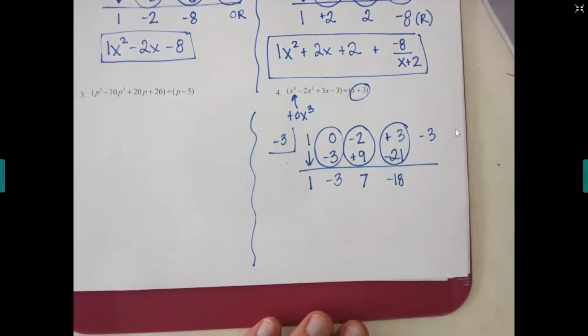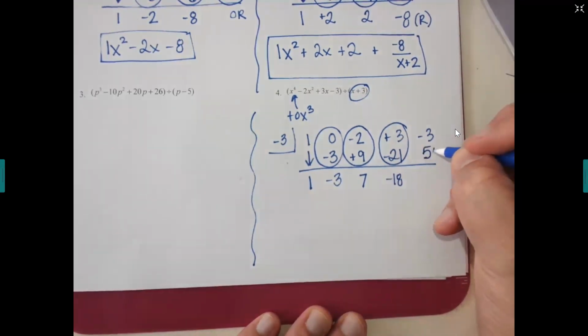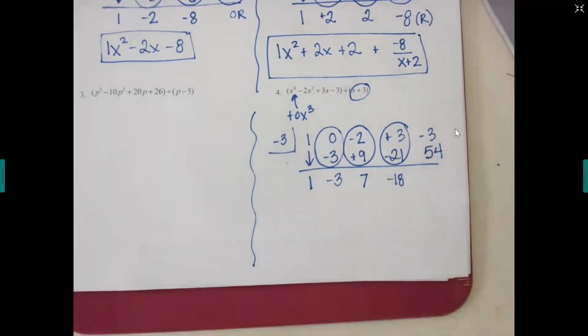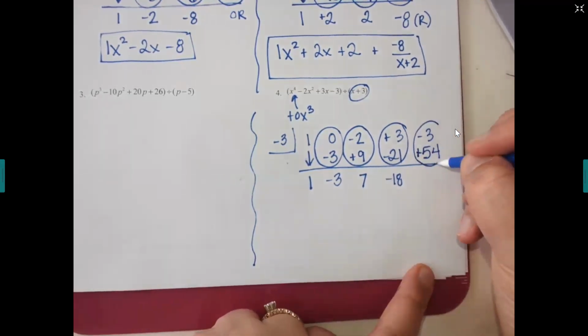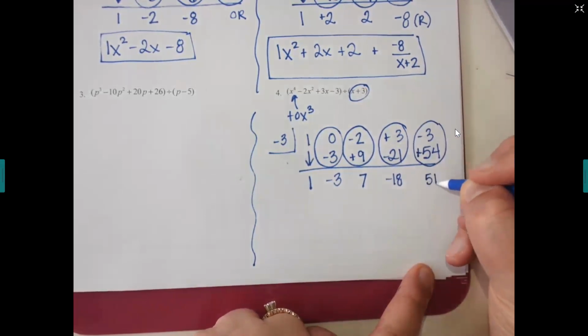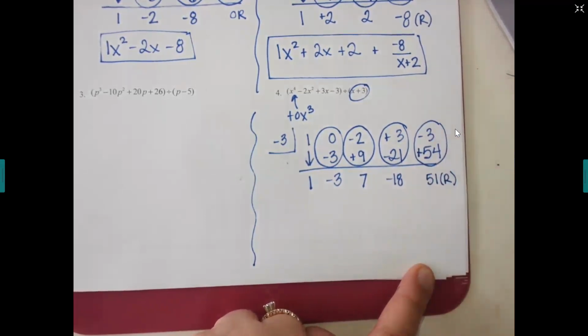Ooh, might need help on the last one. -18 times -3. 54. Okay, and then quick question, positive or negative on that? It was a -18 times a -3 makes it positive. What's 54 minus 3? That's your remainder.